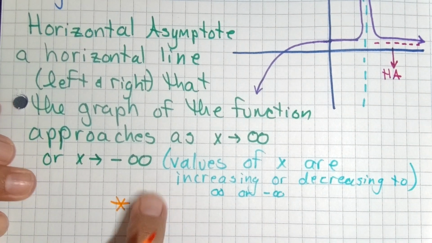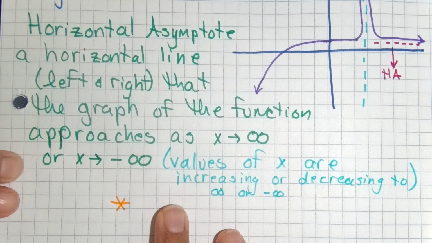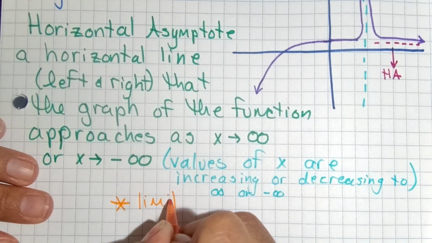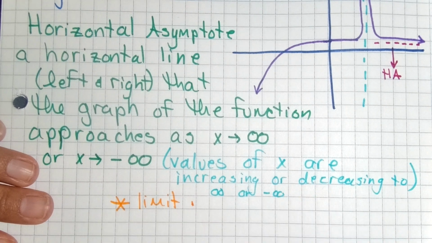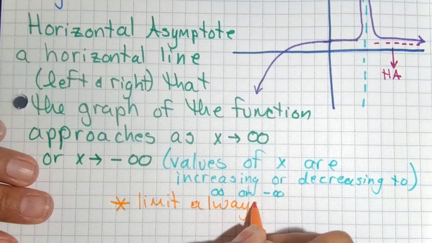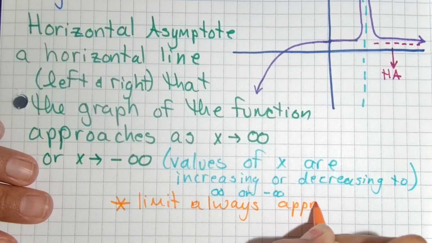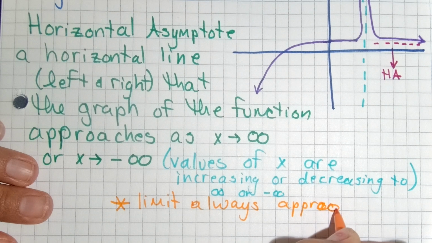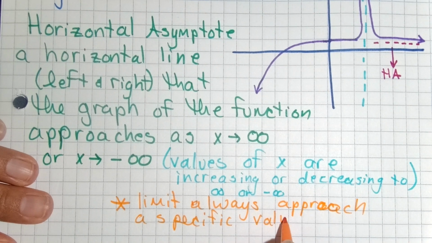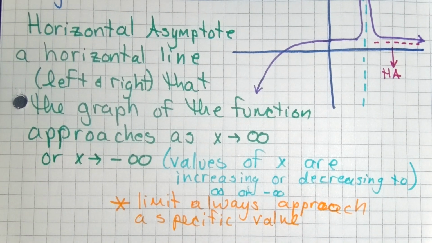To note, so make sure you star this, highlight it, circle it, whatever. The limit for this will 99% always approach a specific value.